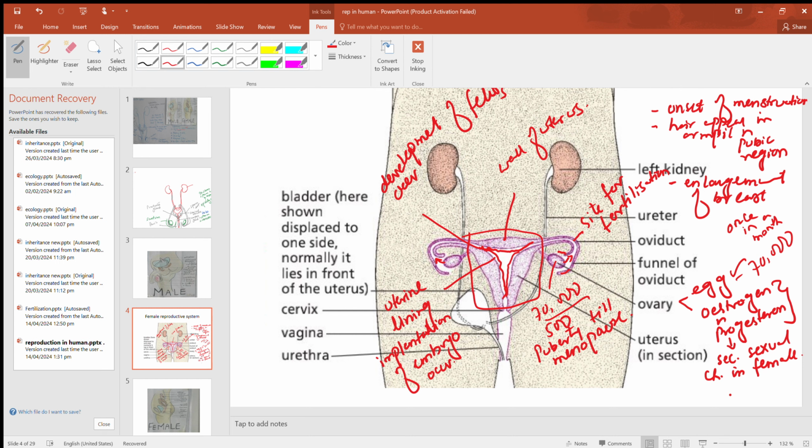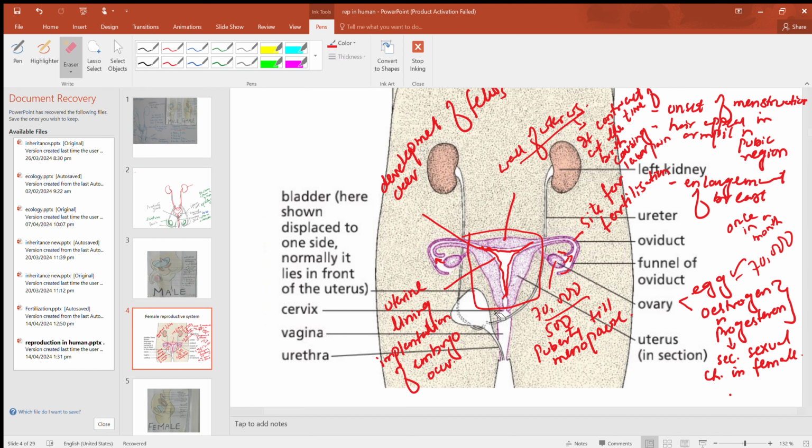And what is the function of the wall of the uterus? It contracts at the time of birth, causing labor pain.